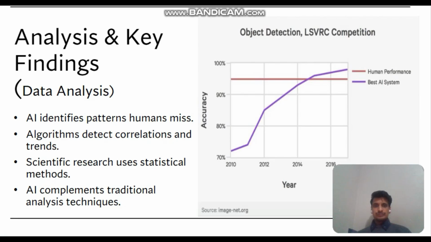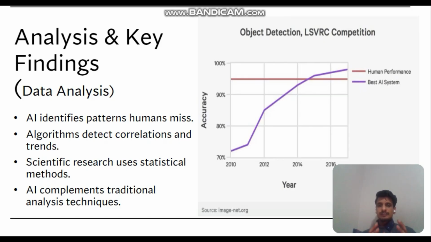The next step is analysis and key findings by data analysis. AI identifies patterns humans miss. If a human is doing research on a thesis or articles and misses something important that will impact his thesis and articles, AI identifies the patterns and helps complete the thesis and articles.